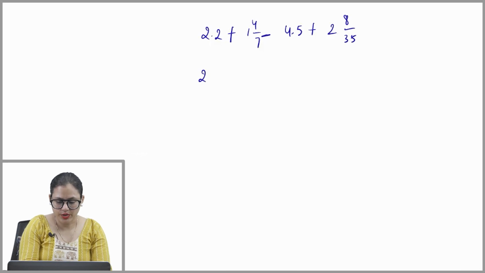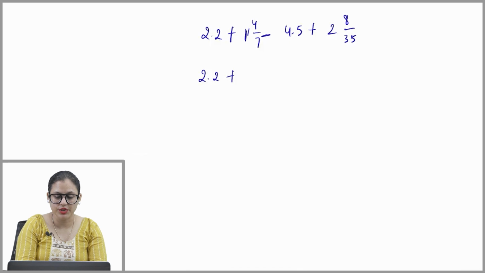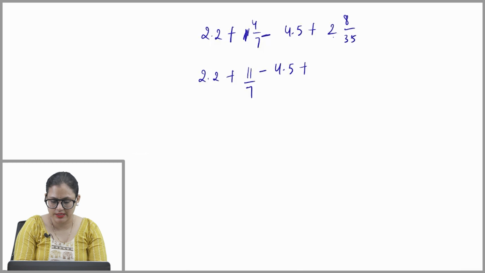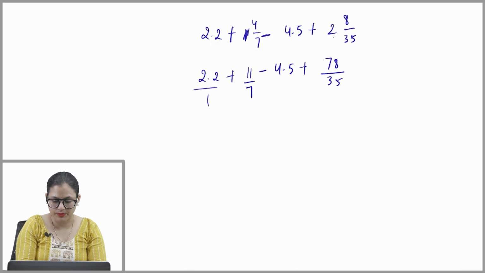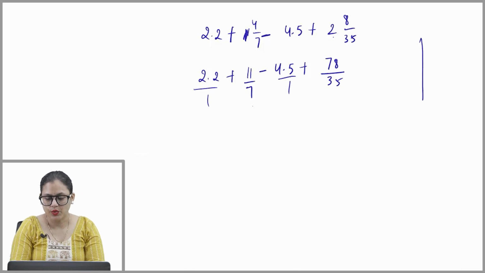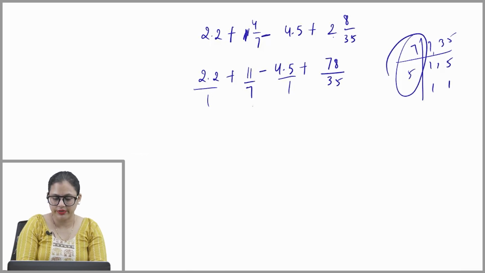The mixed fractions are converted into improper fractions: 1 4/7 is 7 plus 4, 11 by 7, and 2 8/35 is 35 twos are 70 plus 8 is 78 by 35. Now what will you do? You will take the LCM of 7 and 35. So what will you get? 7 ones are 7, 5 sevens are 35, so the LCM is 35 only.